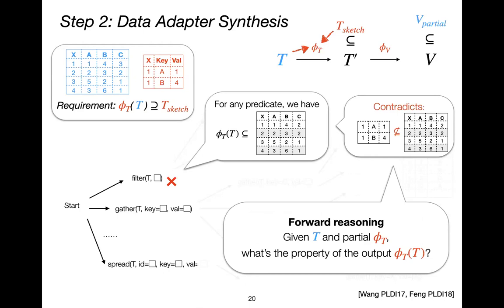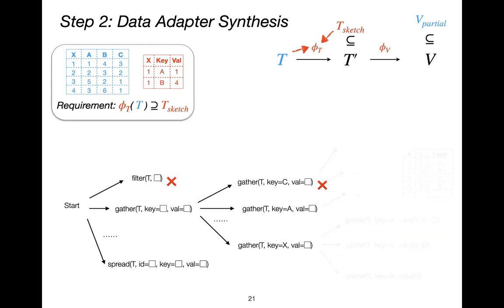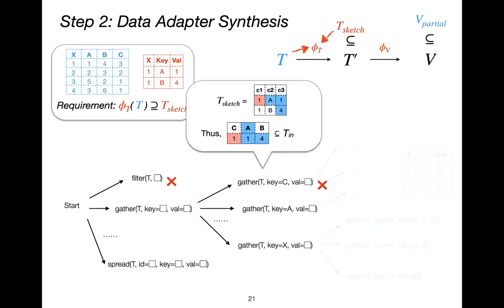So forward pruning is pretty good, but it's definitely still not enough, especially for some complex operators. For example, how do we reject more challenging operators like gather? This is essentially the table rotating program we showed earlier, right? In order to do this, instead of going forward, we go backward. So how do we go backward? We know the table sketch is what the user provided, in red here.